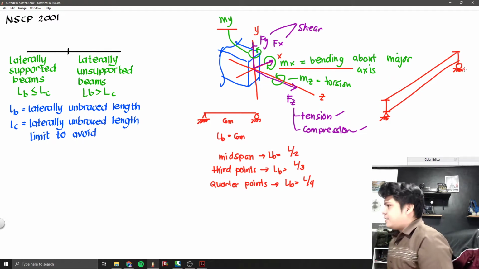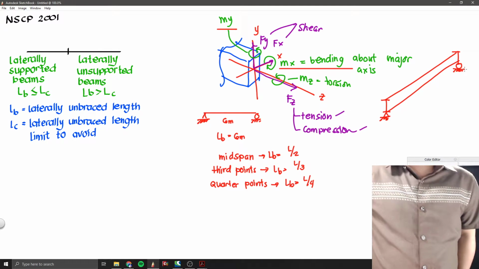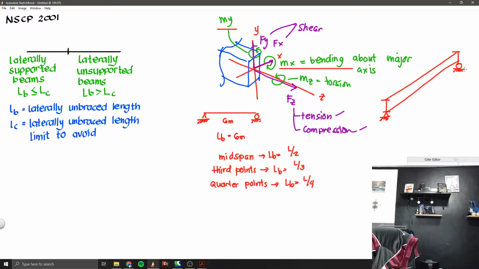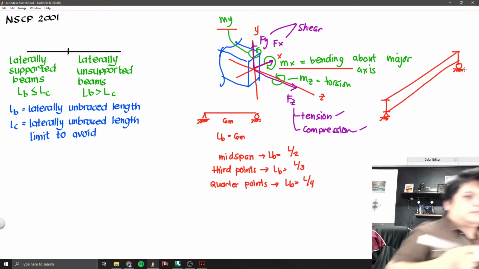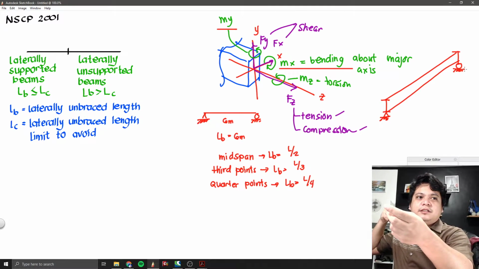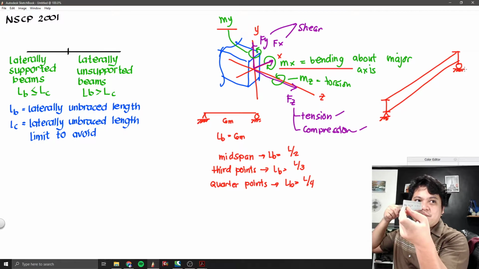Ang hirap ng walang ruler. Okay. Yan. So, yung lateral support, intended siya para hindi mag-buckle laterally yung inyong beam.